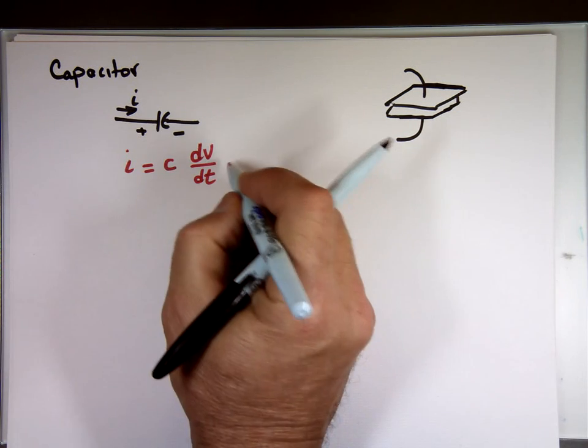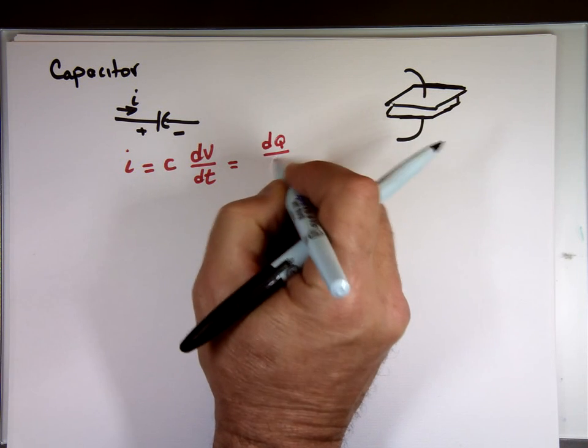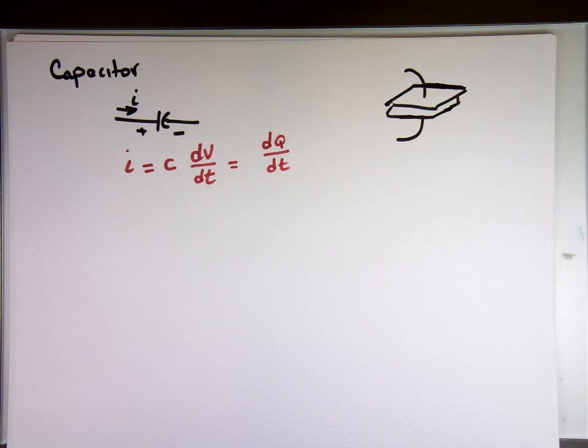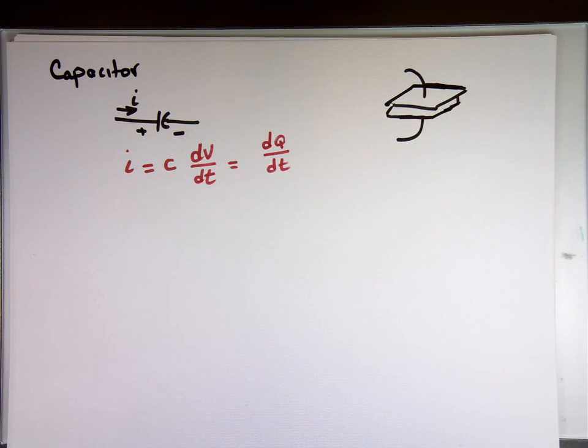Also, the current is the change in the number of charges per time, dq/dt. So if you can count how many charges went through in 1 second, that's actually what the current is. I equals dq/dt. And I equals C dV/dt.